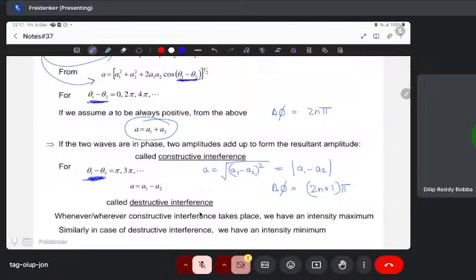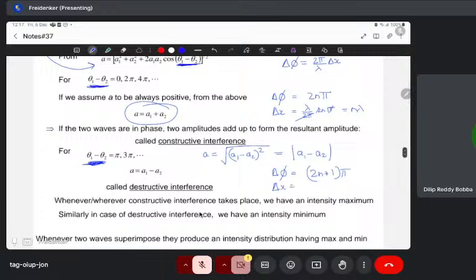So I told you previously, phase difference is nothing but 2 pi by lambda times path difference. So in this case, what will be the path difference? It will be lambda by 2 pi into 2 pi. So path difference must be n lambda in this case, and in the other case, lambda by 2 pi into (2n plus 1) pi, which is (n plus 1 by 2) lambda.